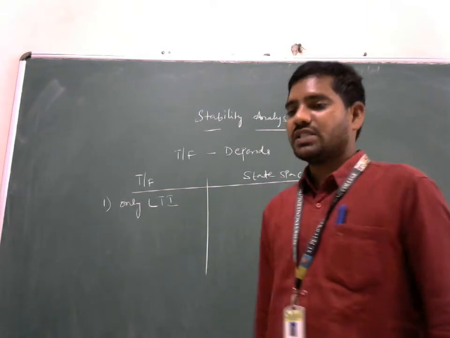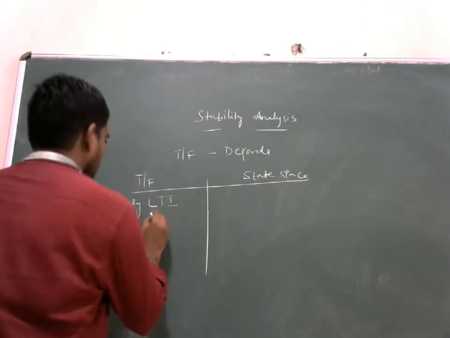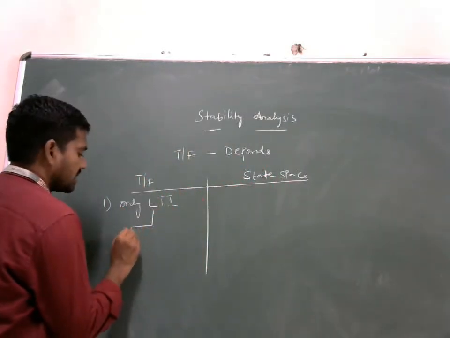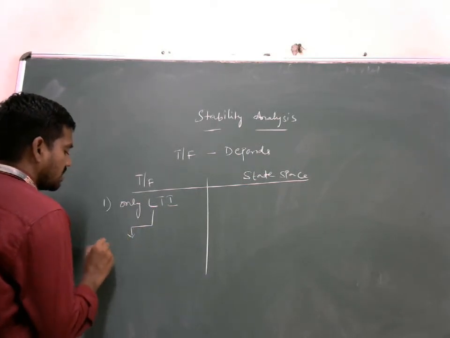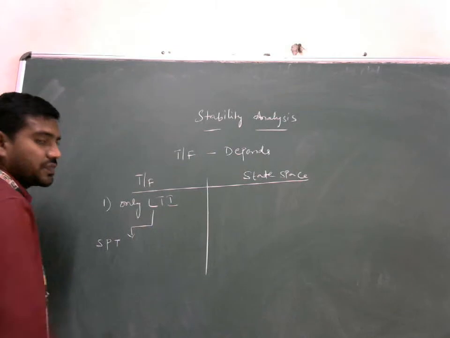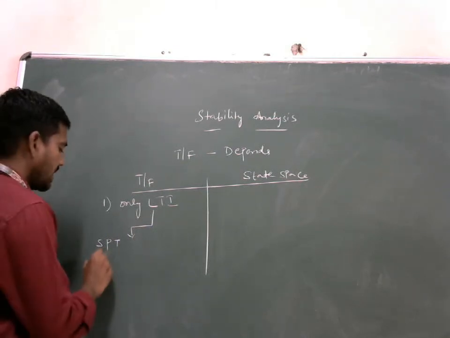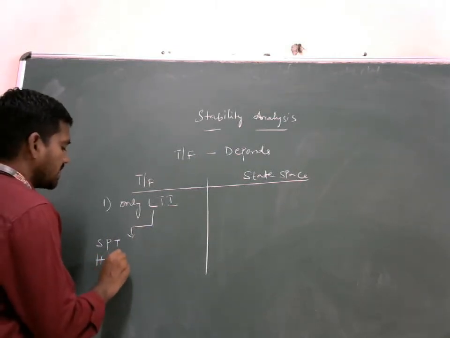And we know what is meant by linear. Linear is nothing but it must obey the superposition theorem and the principle of homogeneity.